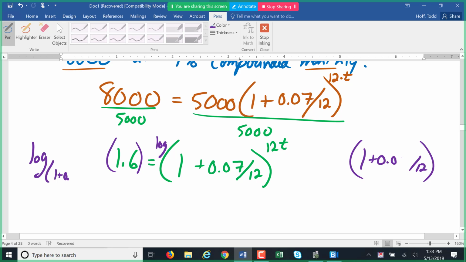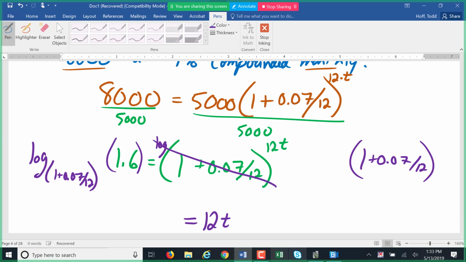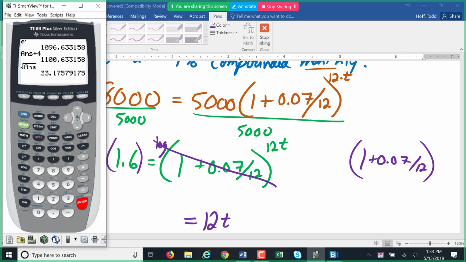Got an extra 0 in there. 1 plus 0.07 divided by 12 is the base of our log. So on this side, it's going to cancel out. On the right side, we just have 12t. On the left side, we've got log of 1.6 divided by the log of 1 plus 0.07 divided by 12.